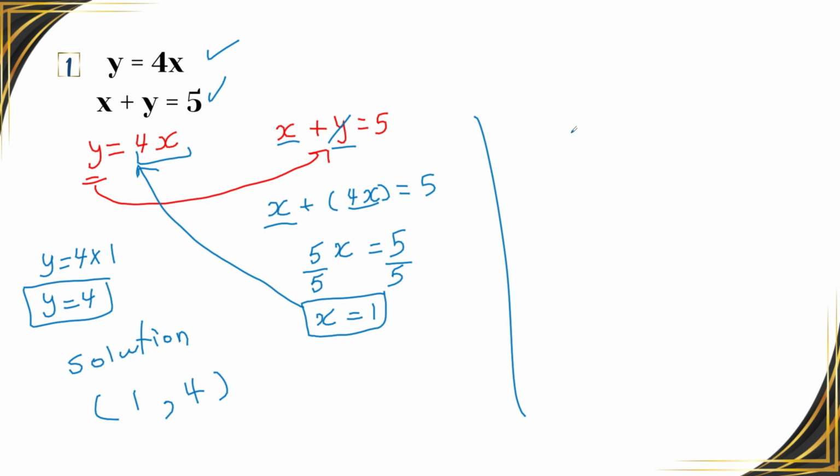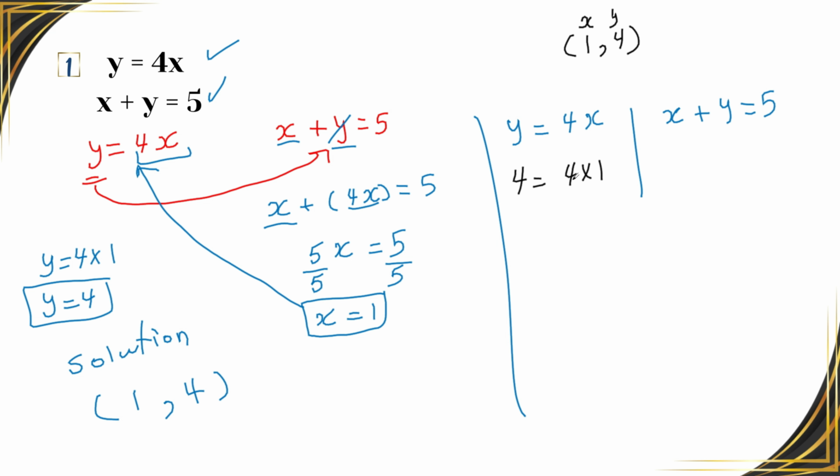If you want to check whether your answer is correct or not, this solution should satisfy both equations. Let's check. Write the first equation here and the second equation here. The solution is 1 and 4, so we replace x with 1 and y with 4. 4 equals 4 times 1.